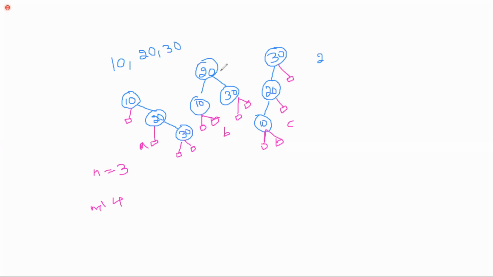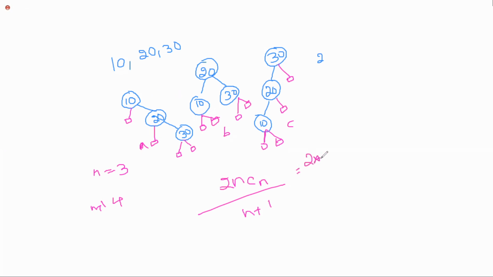Now, for the given number of nodes, how many binary search trees are we able to construct? The number of binary search trees possible is 2n C n divided by n plus 1. How many nodes do we have here? 3 nodes.